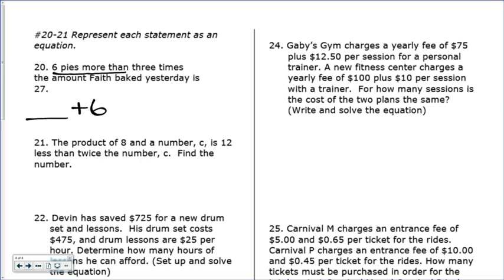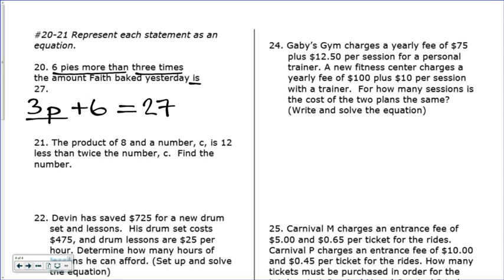And then 3 times the amount Faith baked yesterday. 3 times, that means you're going to multiply 3 times something. And it says the amount that she baked yesterday. Well, we don't know how many she baked yesterday. So that's where our variable comes in. And you can use P for pies, X, it doesn't matter. And then "is" is your important word that tells you it's equal to something, 27.